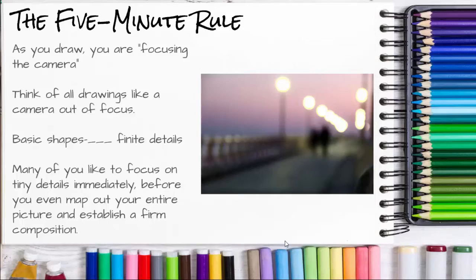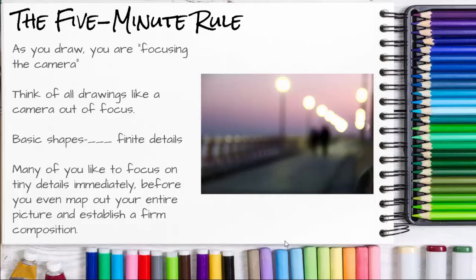So you should take the first 5 minutes of every time you're drawing something to draw your whole thing really, really loose and messy. Because it's good to think of all drawings like a camera out of focus, and instead of drawing details to start, you are drawing sloppy, and then you're slowly focusing the camera. You're slowly adding details, or as an art professor of mine once said, information.